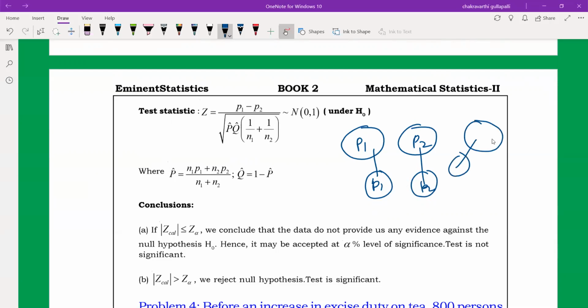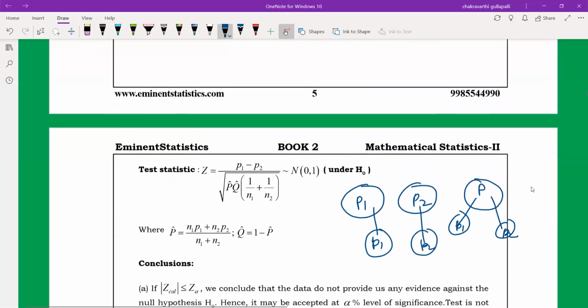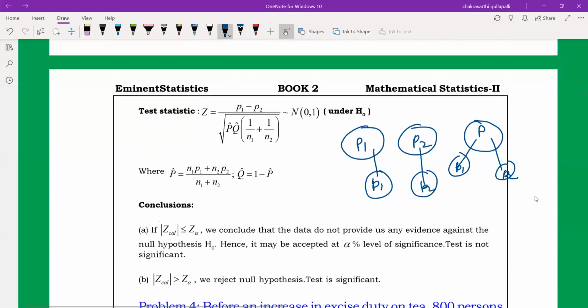Both are the same here. For both cases we use the same test procedure, the same null hypothesis and the same alternate hypothesis.